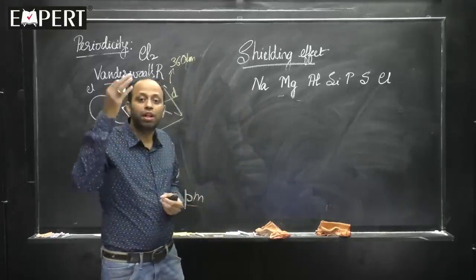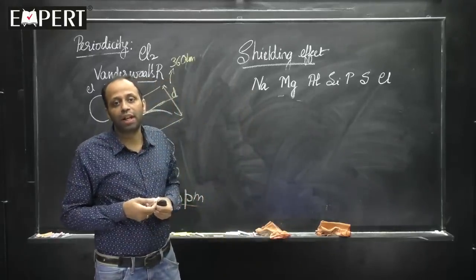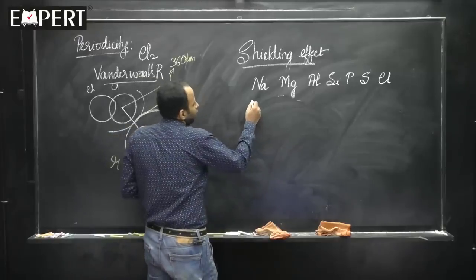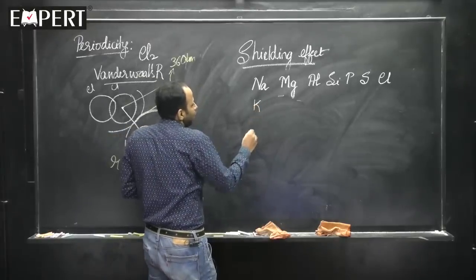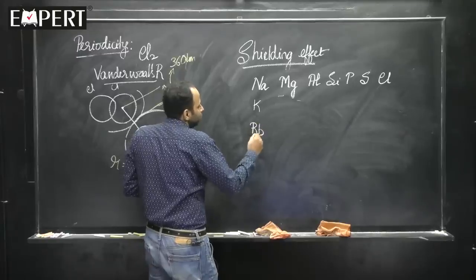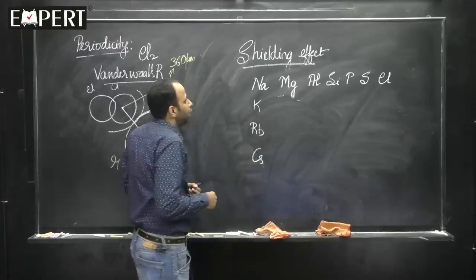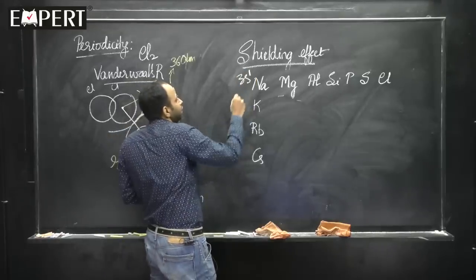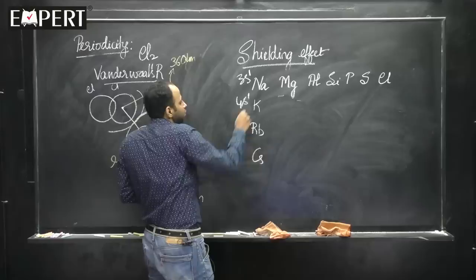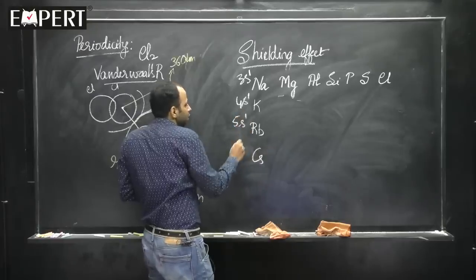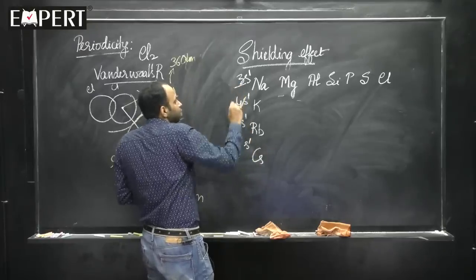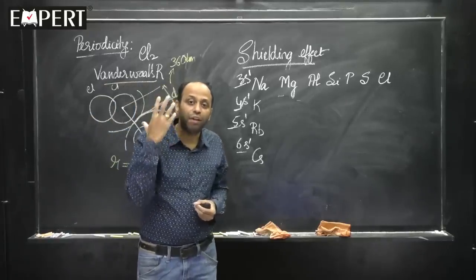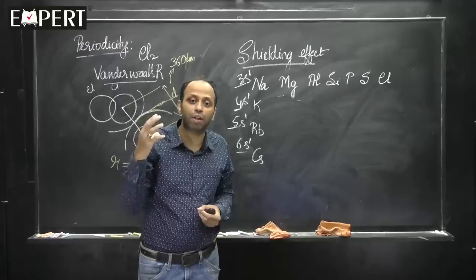When you go down the group, what will happen is the question. Think about it, you have sodium, potassium, rubidium and cesium. Now, in case of sodium, what is the outermost shell? 3s1, 4s1, 5s1, 6s1. Now, look at this, what is different? Principal quantum number is different. What have you studied about principal quantum number?